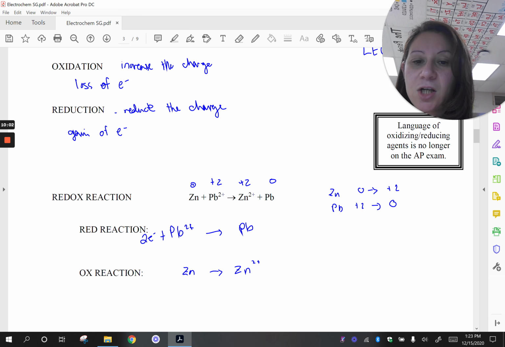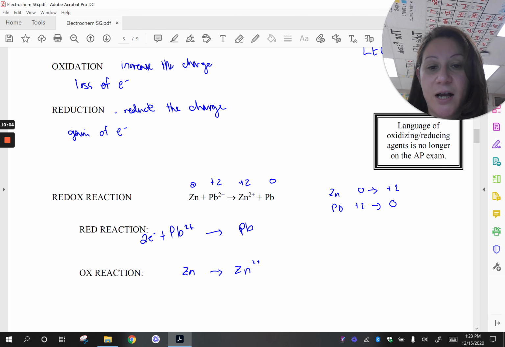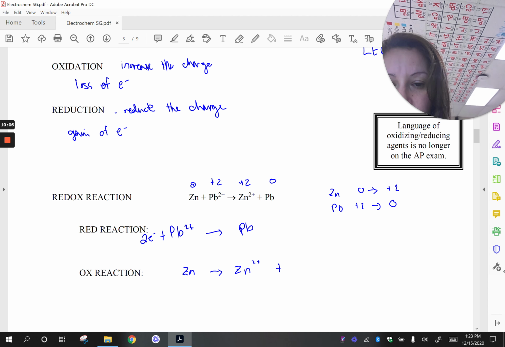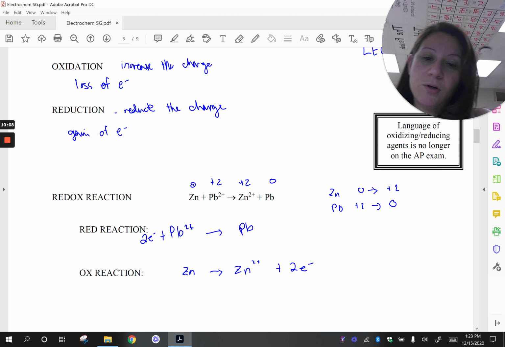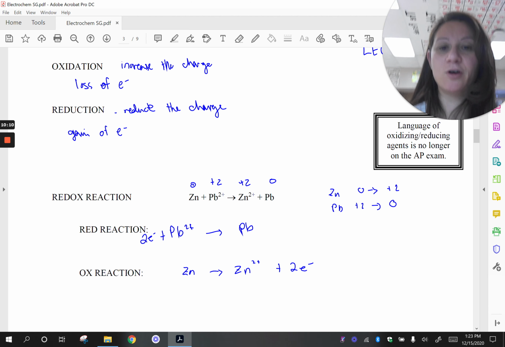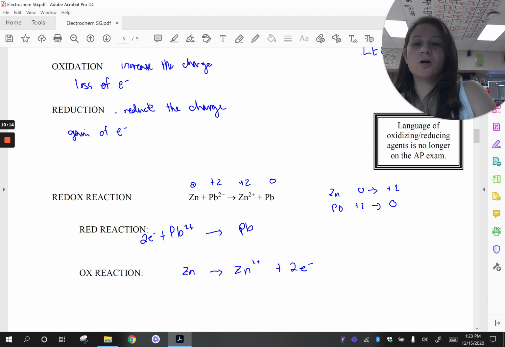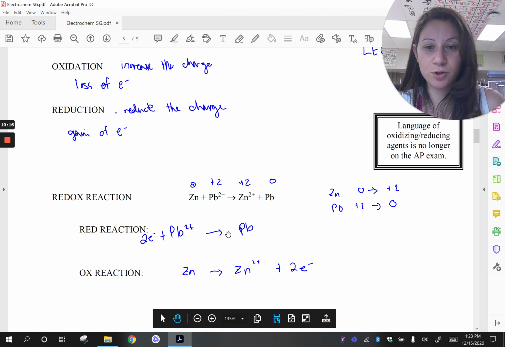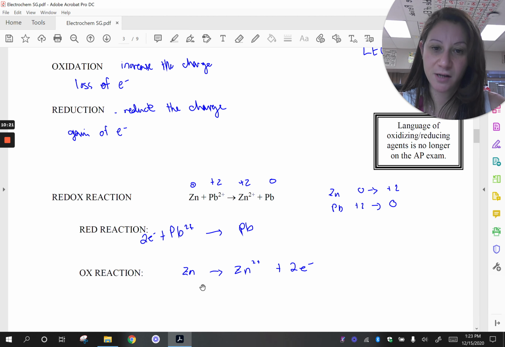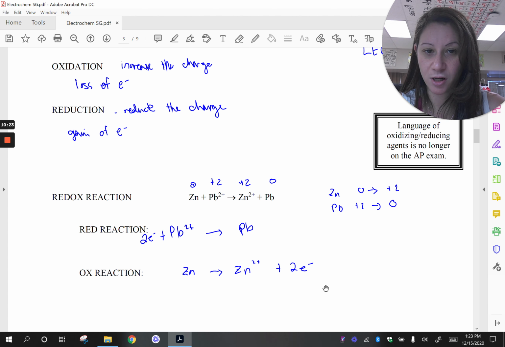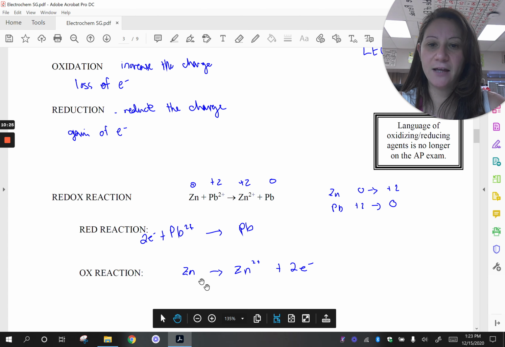For the zinc to become oxidized, it has to lose electrons, and in this case we lost 2 electrons, so that I go from neutral zinc to Zn2+. So my lead was reduced, it gained electrons. My zinc was oxidized, it lost 2 electrons, and so when you add it together, if you add both sides, the electrons cancel out and you get this overall reaction here.